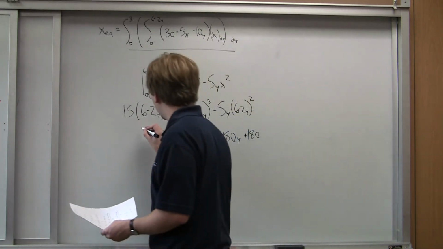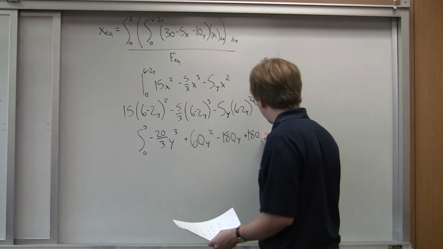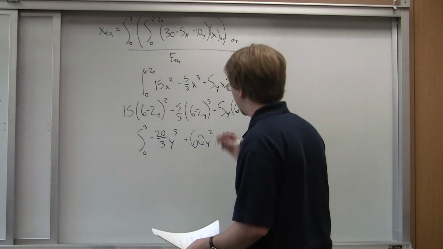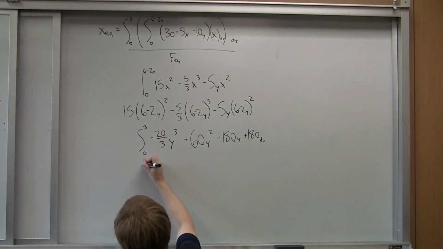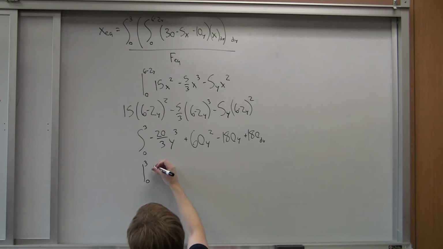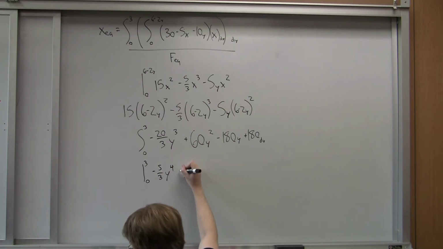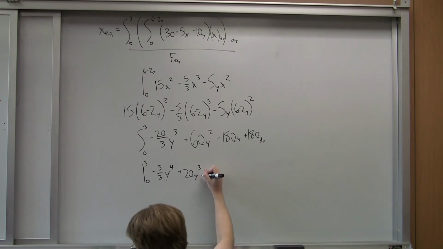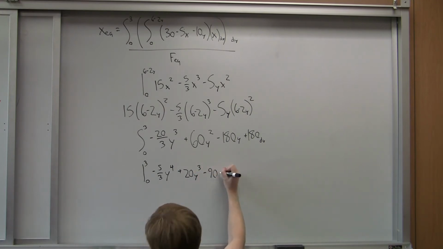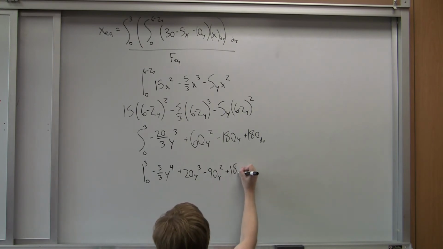We still need to integrate this with respect to y from 0 to 3. If we do this integral, going from 0 to 3, the integral is going to be negative 5/3 times y to the 4th plus 20 y cubed minus 90 y squared plus 180 y.